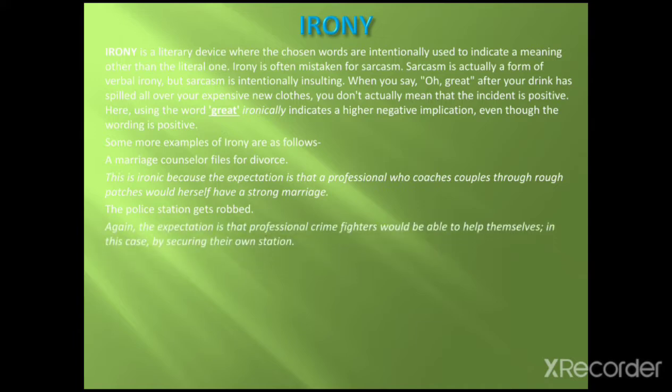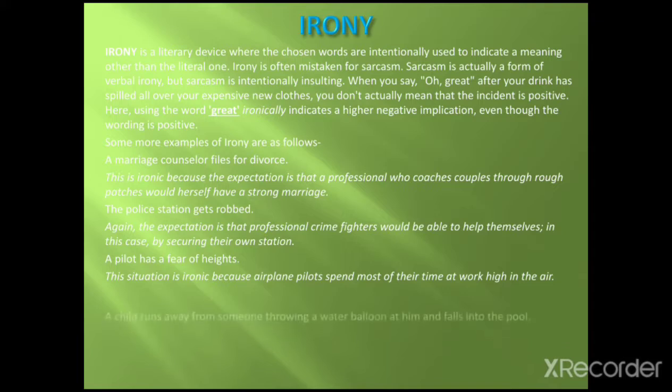Again, the expectation is that professional crime fighters would be able to help themselves in this case by securing their own station. A pilot has a fear of heights. This situation is ironic because airplane pilots spend most of their time at work high in the air.